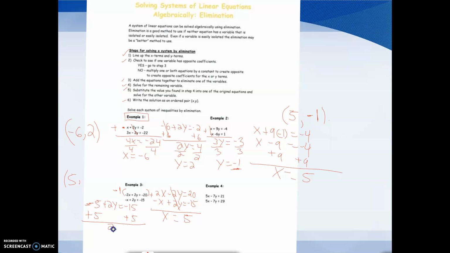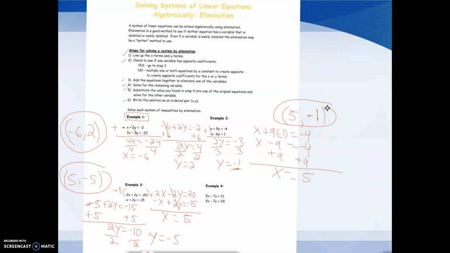So then I'm going to get 2y equals, what is that, -10. And divide by 2. And I get what? Y equals -5, right? Plug it into the ordered pair. Done. Okay. So did the first 3.